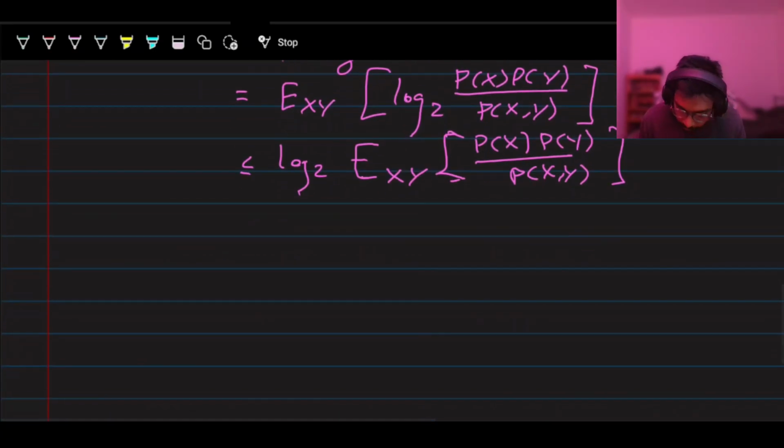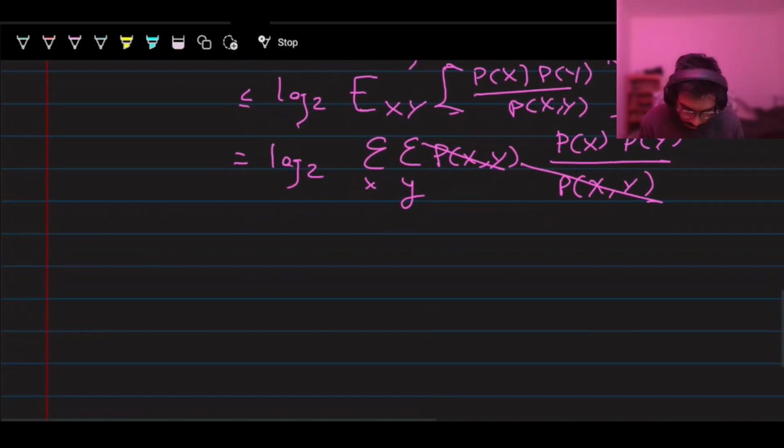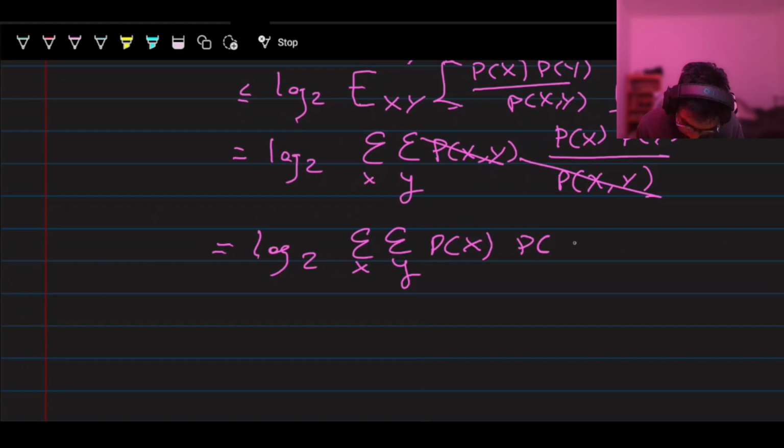Now we have an expectation of some joint PMF and some probabilities on the inside. We can just go back to the double sum. So this is the sum over x, sum over y, joint PMF, and then our independent PMFs over our joint PMF. Here we can cancel, and so we just see log base 2 of the sum over x, sum over y of p of x, p of y.